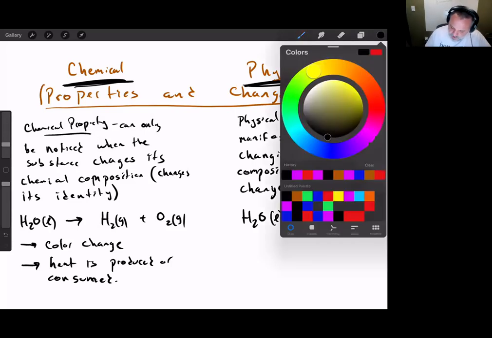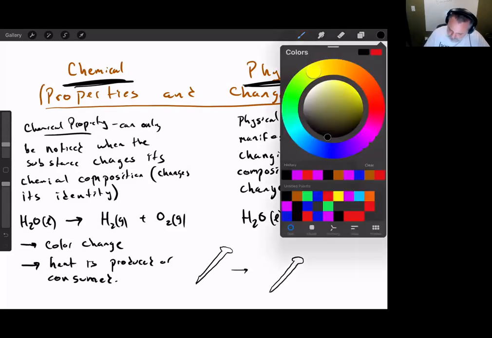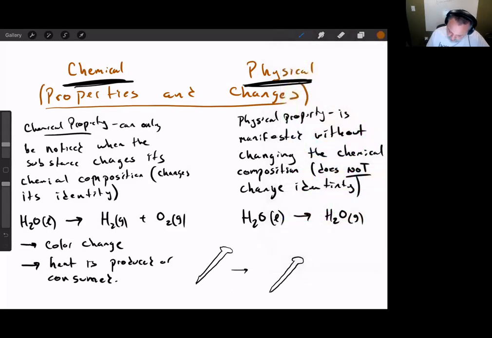I have an iron nail and then I end up with a nail that's now rusty.